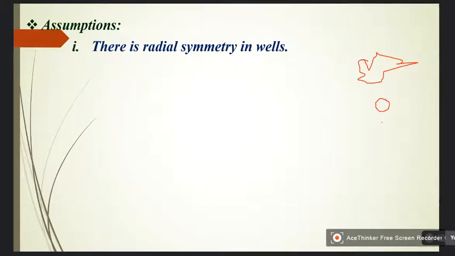I cannot consider a well of this shape. These types of shapes are not considered. So, this is a symmetric well, so that there is symmetry of flow in all directions. Therefore, that is the first assumption.